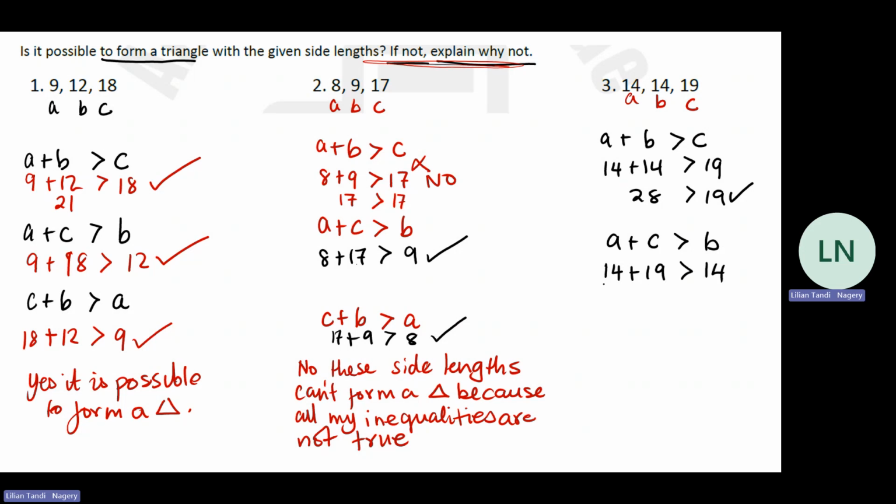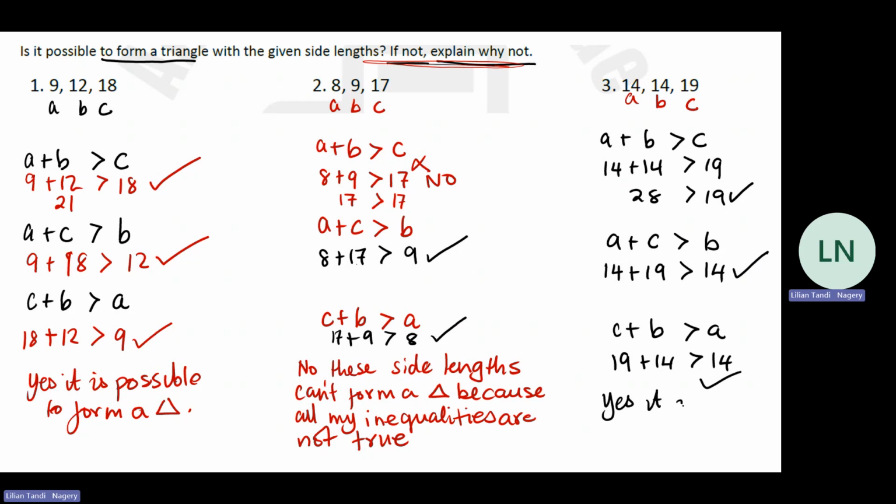Already 19 is greater than 14. Therefore, this will be greater than 14. So then we'll have what here? C plus B is greater than A. 19 plus 14 is greater than 14. This is the same as this. So if I said yes here, I should say yes here. Now, this one is yes, it is possible.